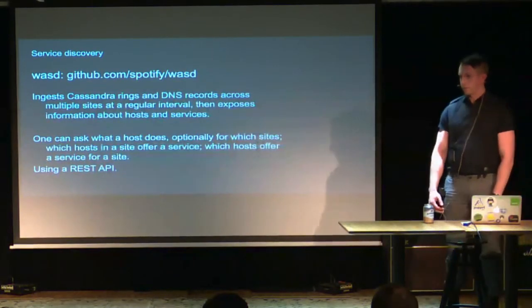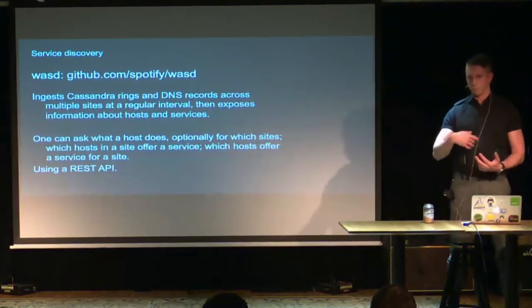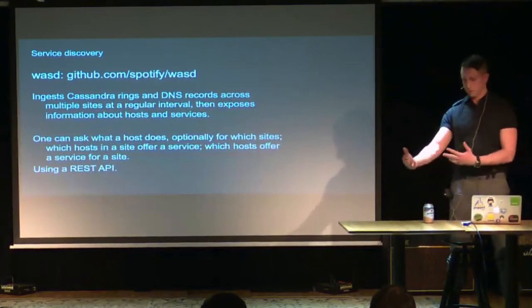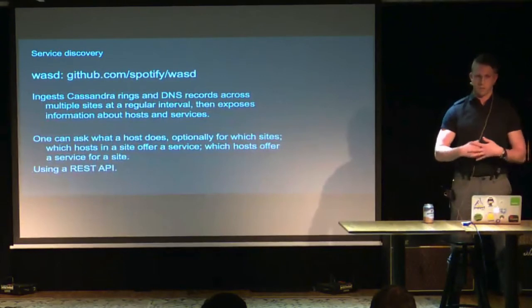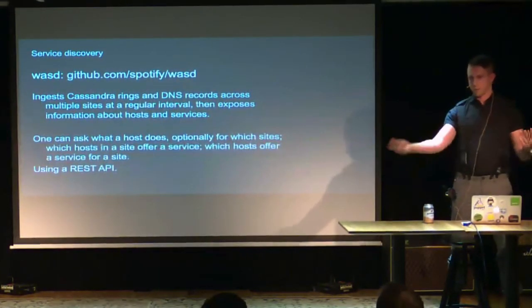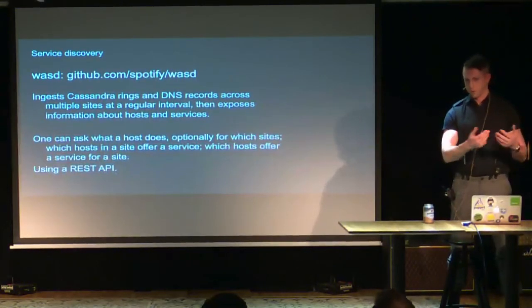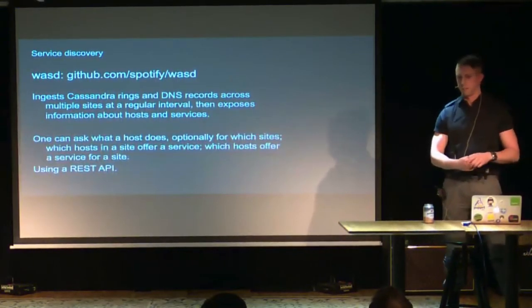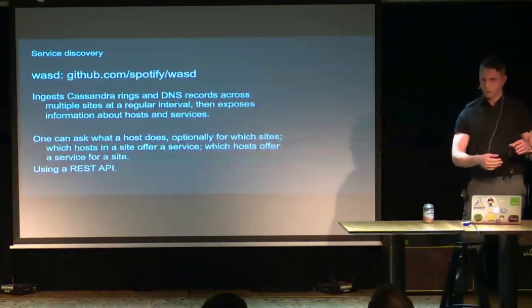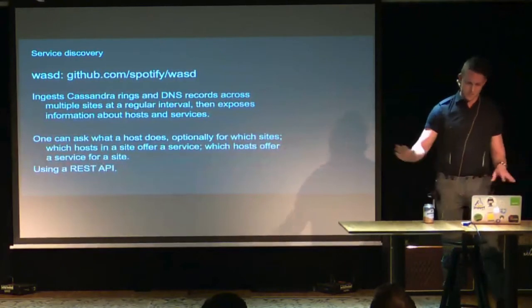And then you can ask the service, is this node in production? Is it serving, or which nodes are serving traffic for this site? Or which servers of this service do we have in this site? Servers in one site can actually be serving that service for servers in another site.